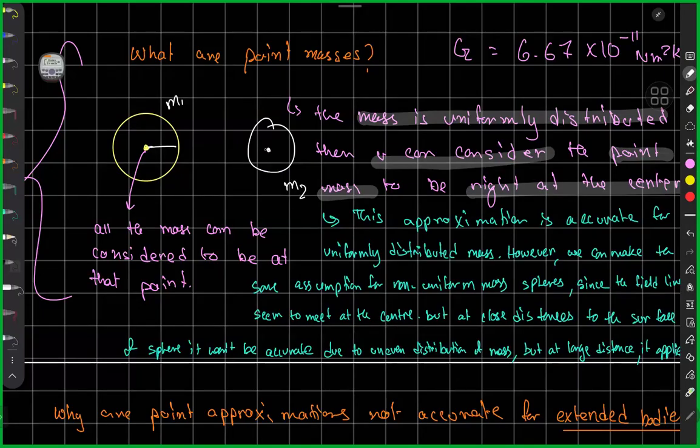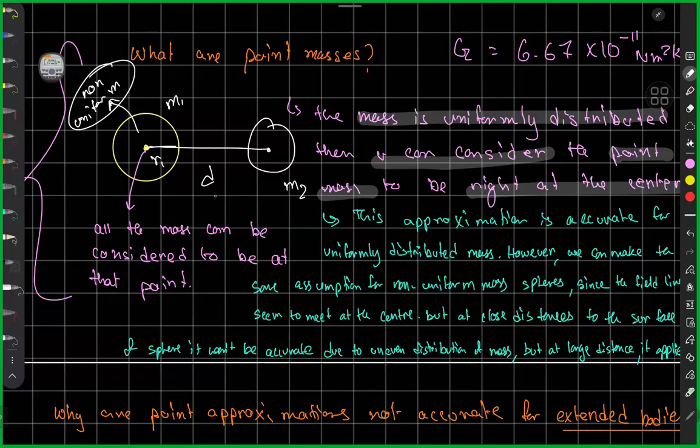Now, if the separation is D, and your radius is R1, then you say, okay, my R1 and separation D are very similar, which is why I can't make the point mass approximation over here. By the way, this should be a non-uniform sphere. Only then. For perfect spheres, it doesn't matter what D is. Point mass approximation for perfect spheres is always valid.